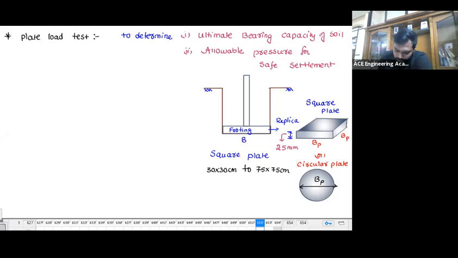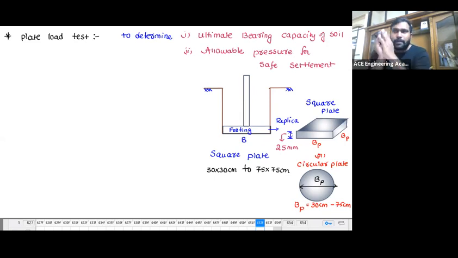And for a circular plate, the dimensions are going to be 30 centimeters to 75 centimeters. So in the case of the square, the width is 30 centimeters to 75 centimeters, and in the case of the circle, the dia is 30 centimeters to 75 centimeters. The minimum size is 30 and the maximum is going to be 75.